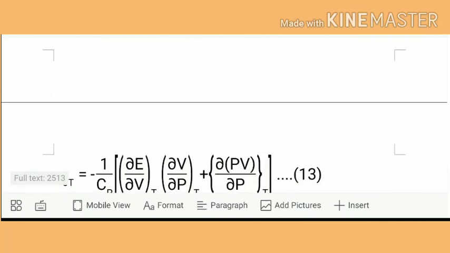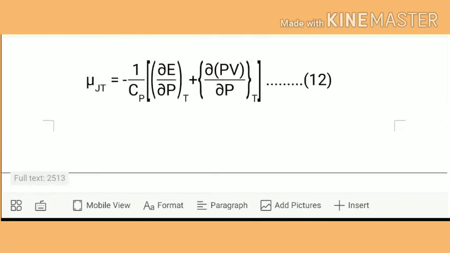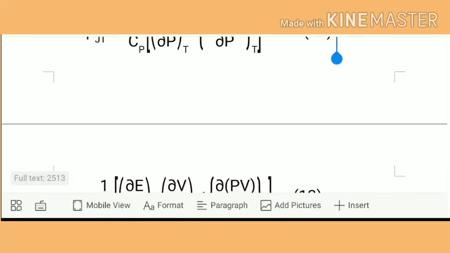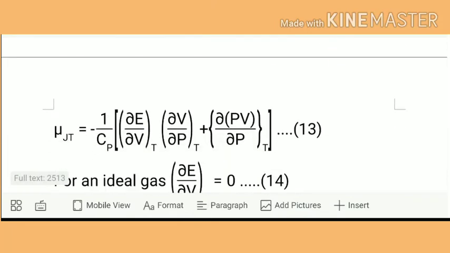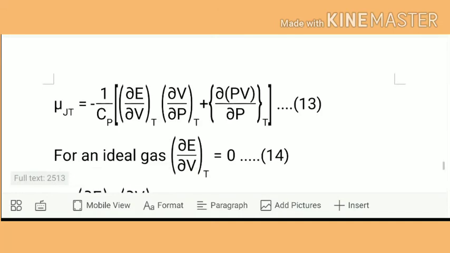Now del E upon del P at constant temperature can be written as del E upon del V at constant temperature into del V upon del P at constant temperature, and we get equation number 13.